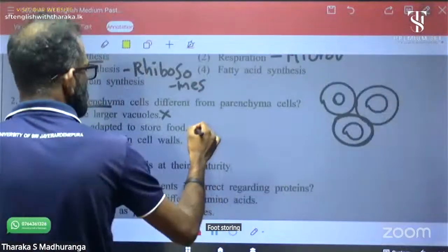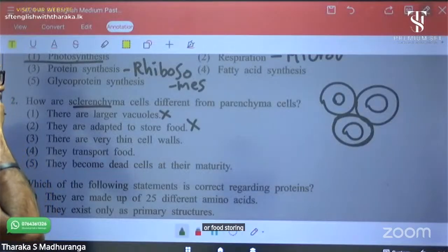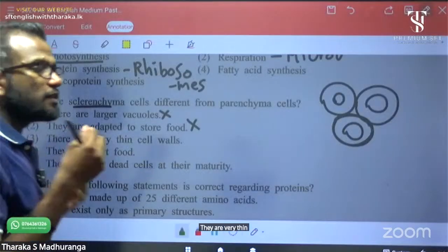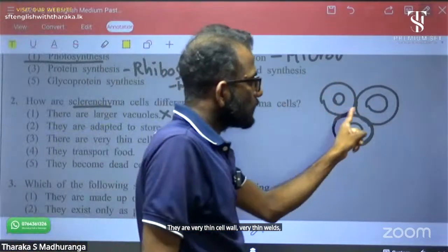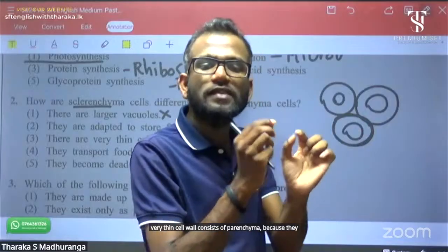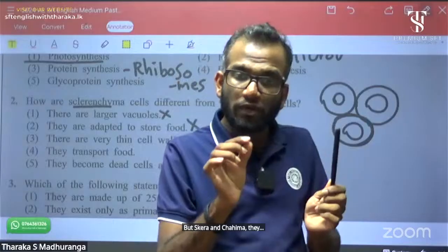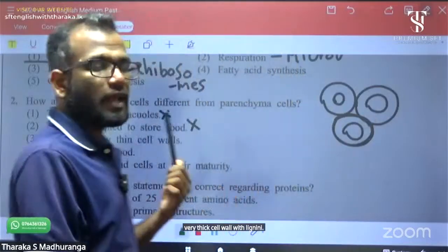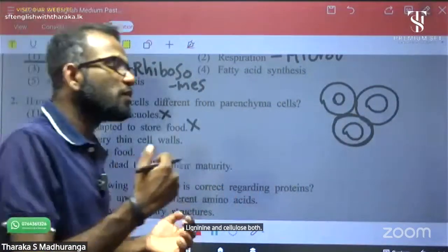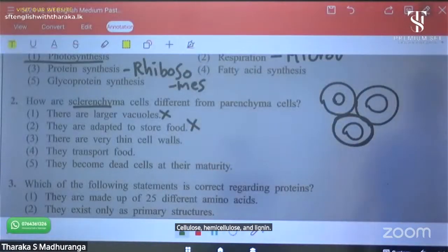Parenchyma has a very thin cell wall because it contains only cellulose. But sclerenchyma has a very thick cell wall with lignin, cellulose, and hemicellulose.